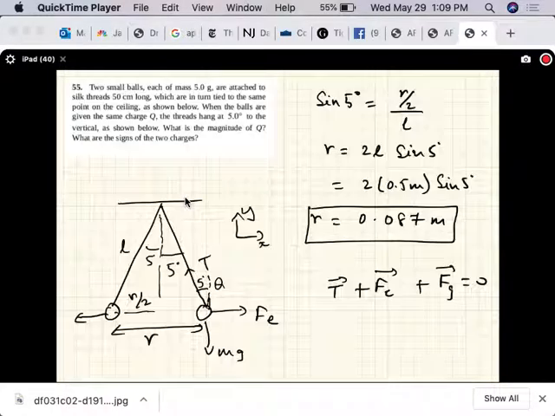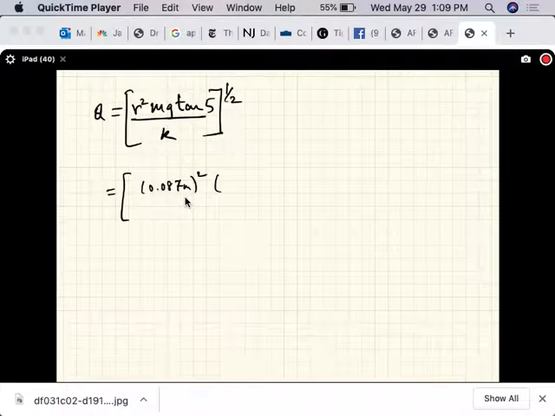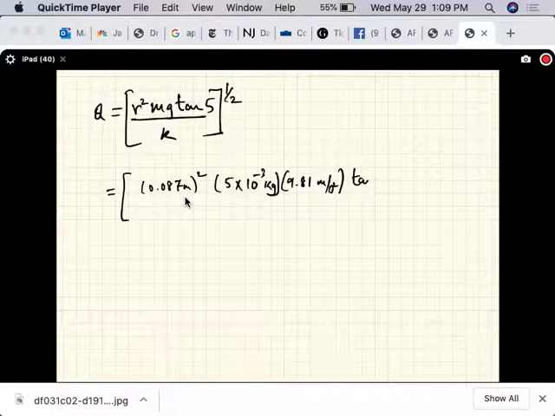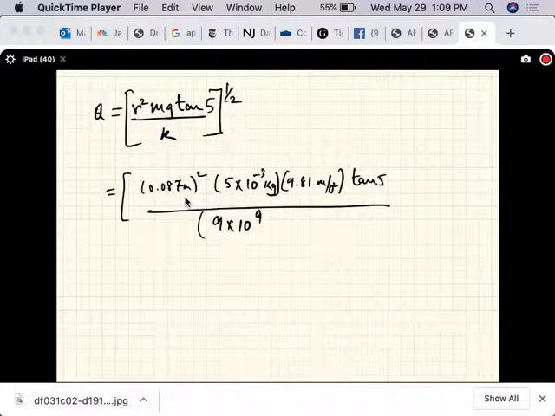The mass of each is 5 grams, 5 into 10 to the minus 3 kgs. g is 9.81 meters per second square. Tan phi, and k is 9 times 10 to the 9, that's Coulomb's constant, newton meter square by Coulomb square, all to the power half.